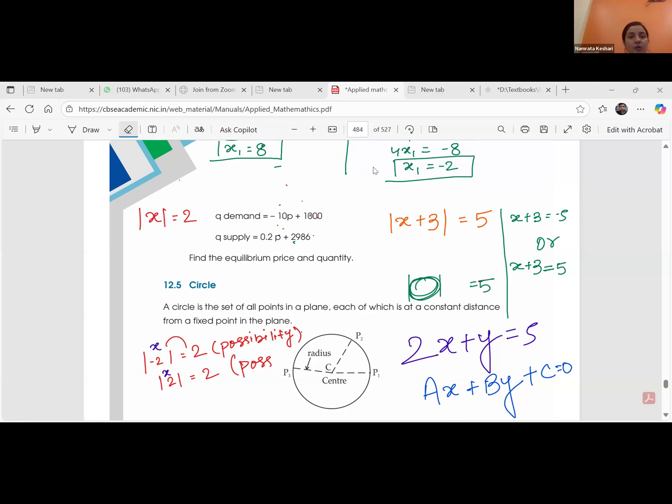Anyone still having doubt? Even if now I make this x square plus 3, still you have to take it in this manner, that maybe it was minus 5, maybe it was plus 5. Is it clear now?